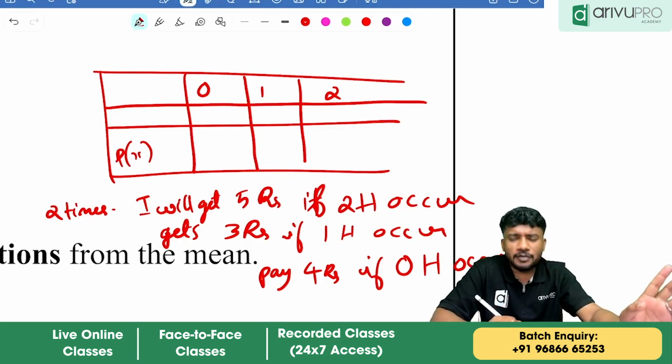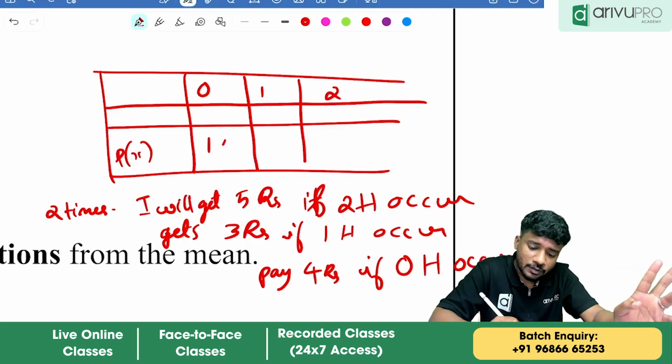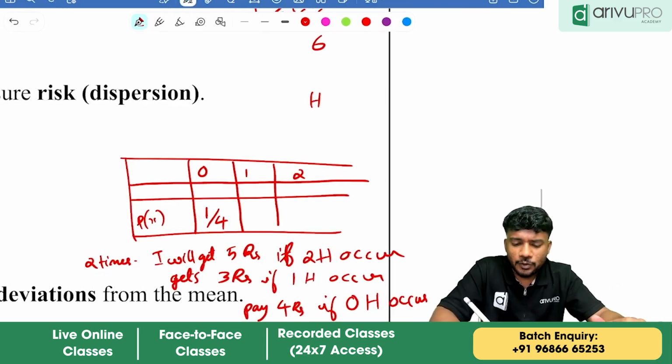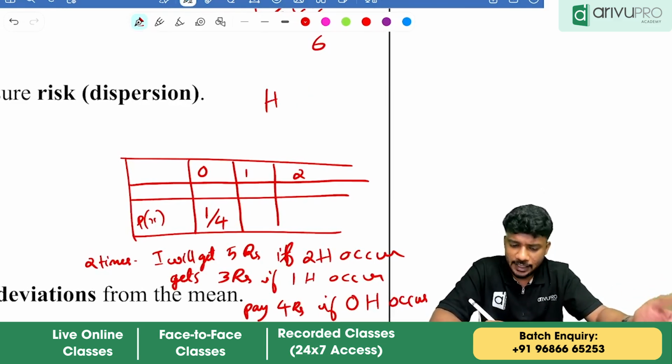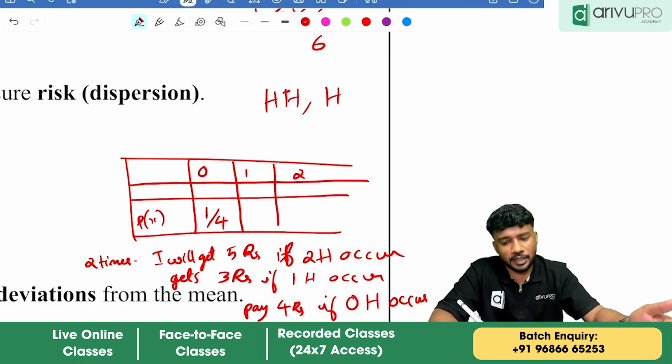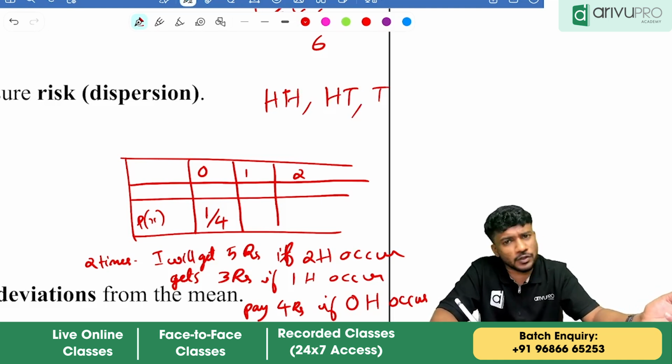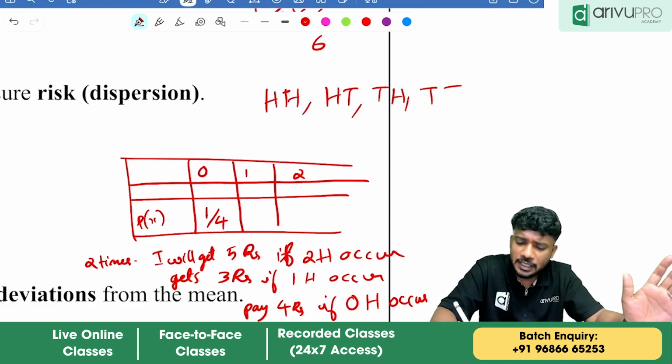So in total there will be 4 outcomes. How do you know that it is 1 by 4? The possibilities are like this. First toss head, second toss head. First toss head, second toss tail. First toss tail, second toss head. Then first tail, second tail.